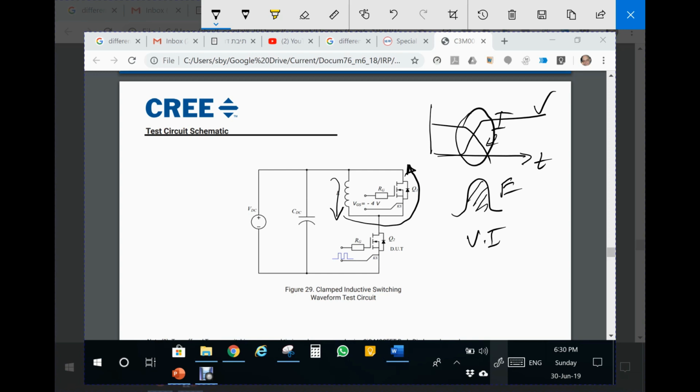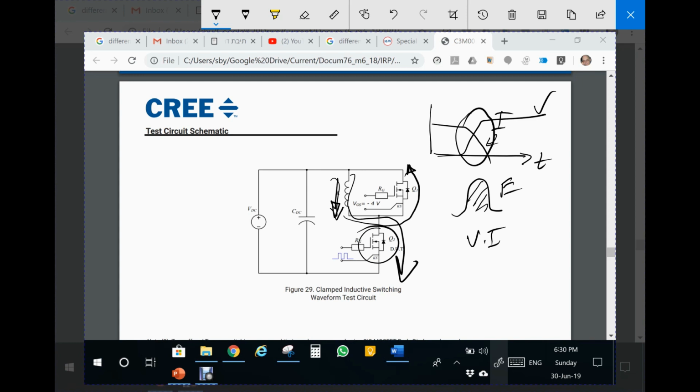That is, at the very beginning, we build up a current here, the current of the test. Then we turn off this transistor. Under current, that is, the current is flowing here, and we turn off the transistor.